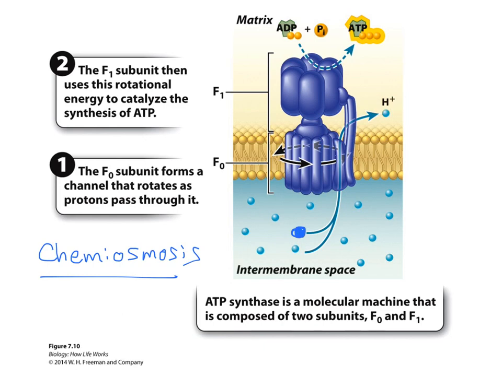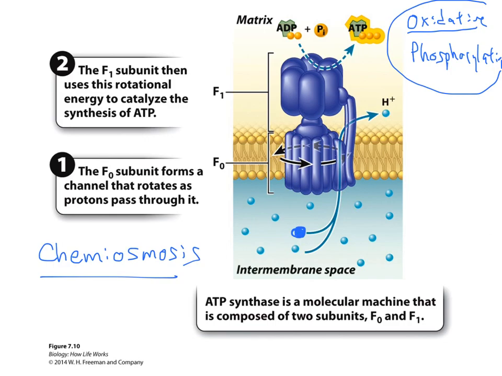This ATP that is made by chemiosmosis, we refer to as being made by a process of oxidative phosphorylation, because the energy to cause the phosphorylation comes from the oxidation of glucose. Previously, we made ATP by substrate level phosphorylation. So this is a different process here.